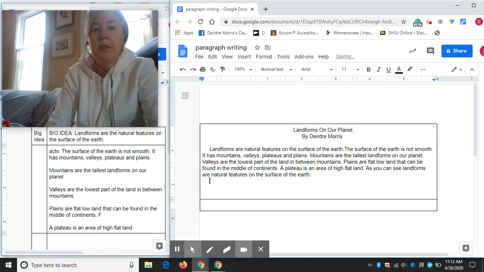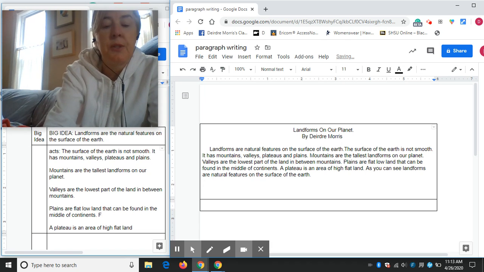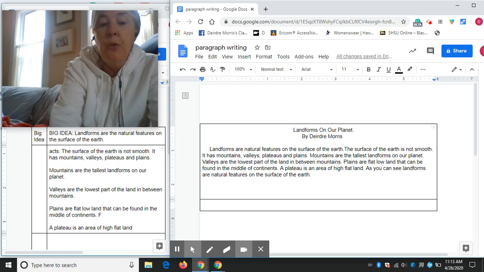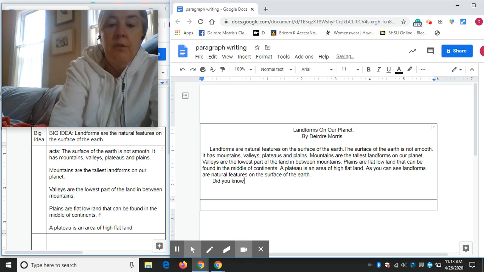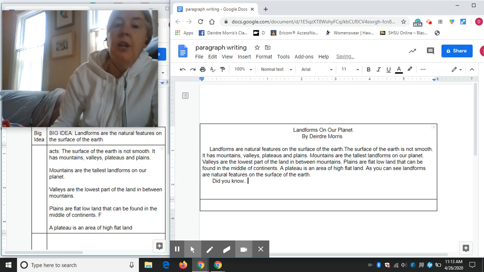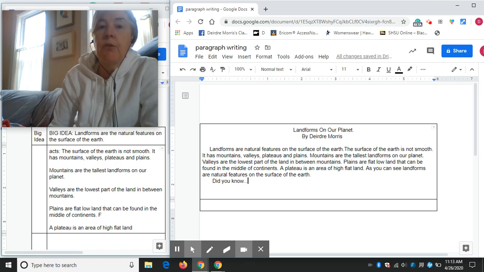I'm going to tab this, and I could say, did you know that if you walk around Burlington, you will see some landforms? Did you know... And you can go ahead and try and write a second paragraph where you talk about the landforms that you've noticed around Burlington, or landforms that you have visited with your family.